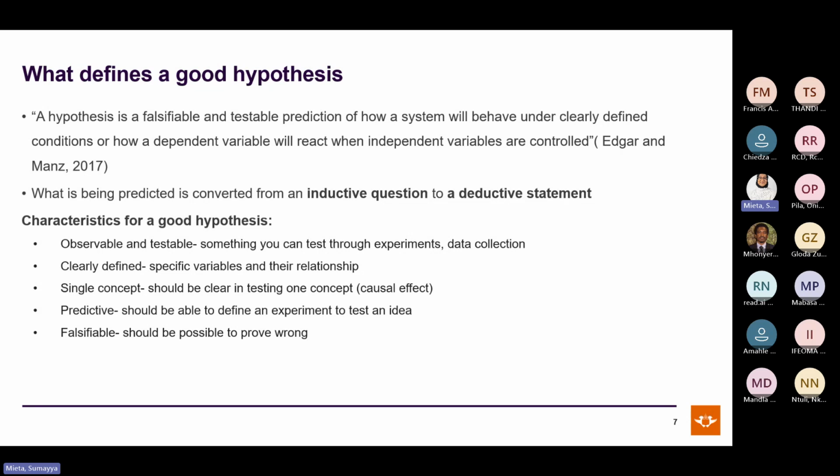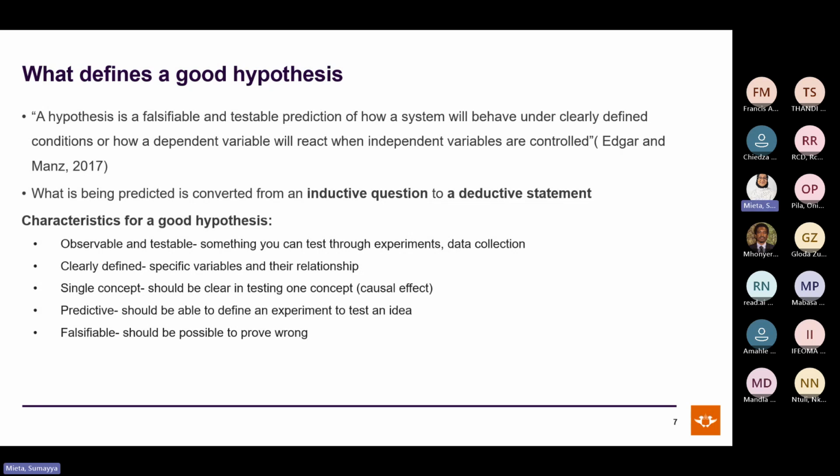Okay. So for example, an inductive question would be, what are the experiences of individuals living with pain? So we're looking at individuals who have chronic pain, and we now want to say, if these few individuals experience this when they have chronic pain, can we generalize it and say that all individuals living with chronic pain will experience A, B, and C?